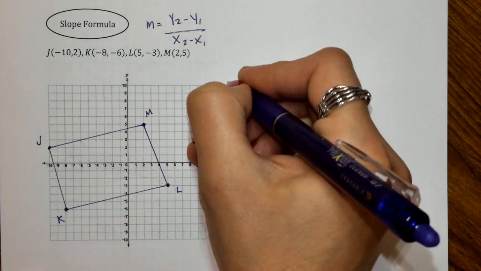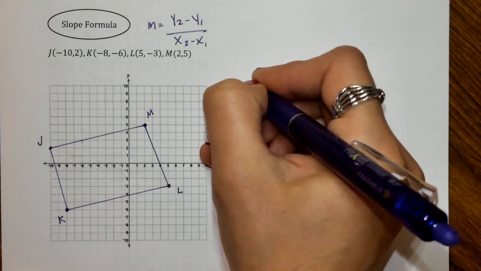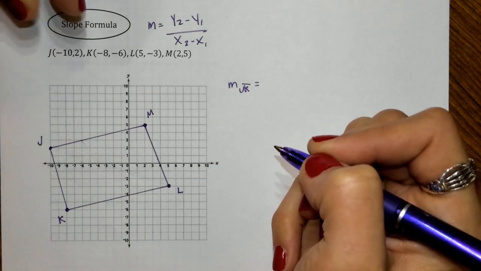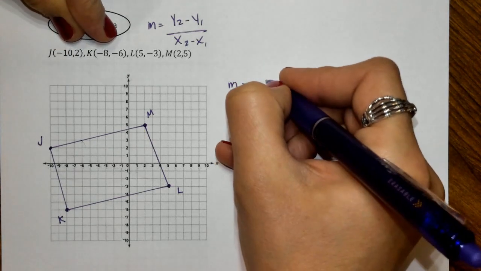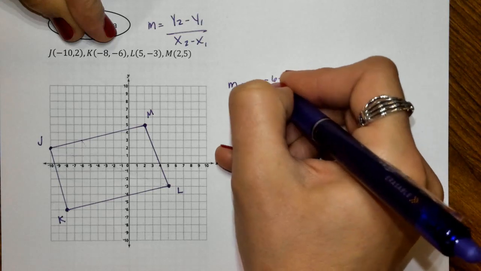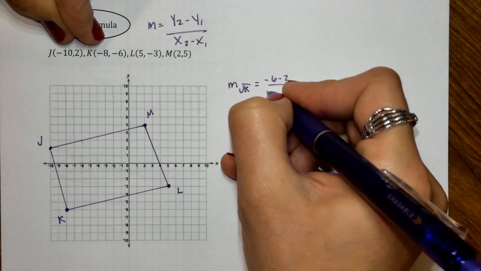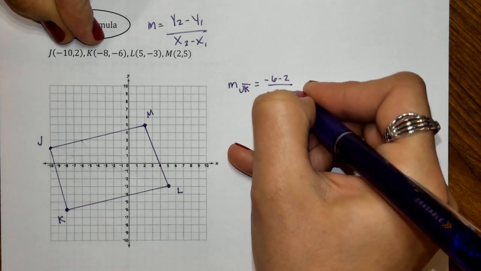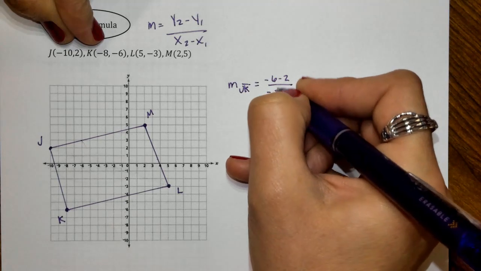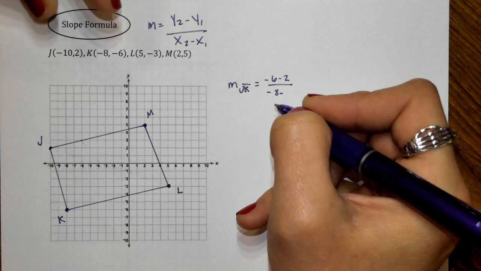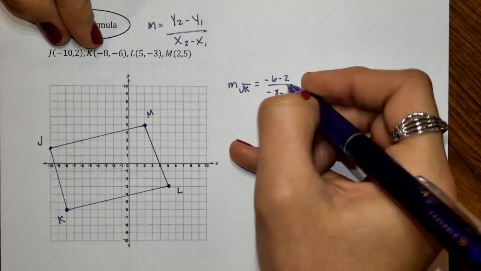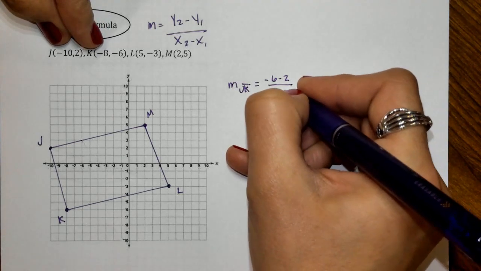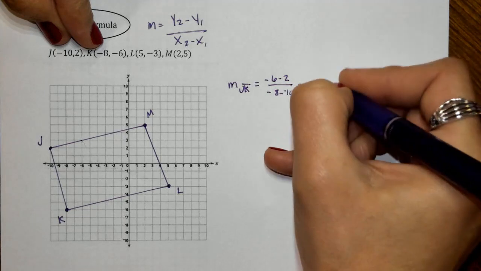To find the slope of segment JK, we take y2 minus y1: negative 6 minus 2 over negative 8 minus negative 10. We plug this in, and we're going to get negative 4.